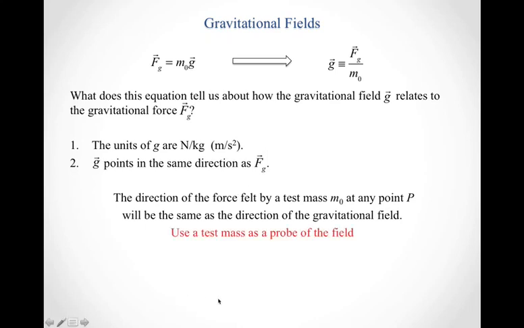So I can use a test mass to probe the field. I can calculate what the gravitational force on my test mass is. I can see what direction the test mass is pulled. And then that's going to let me figure out both the magnitude, when I divide out the test mass, of the gravitational field, and the direction of the gravitational field at some point P in space, wherever I place my test mass.